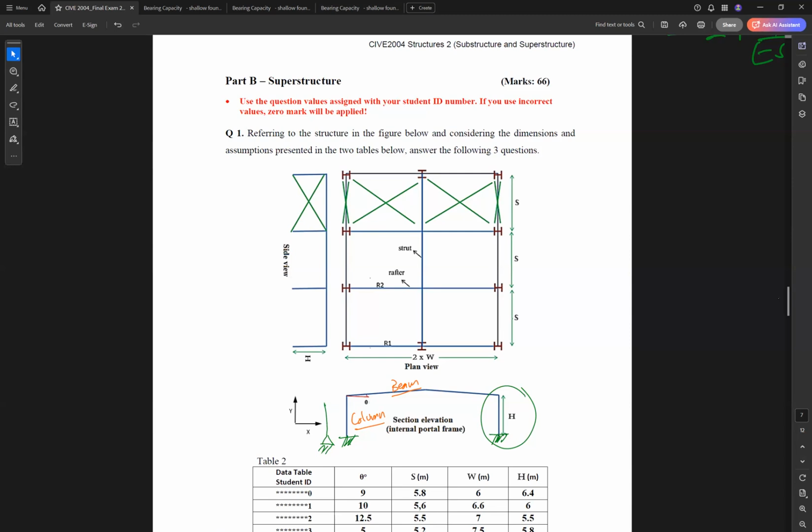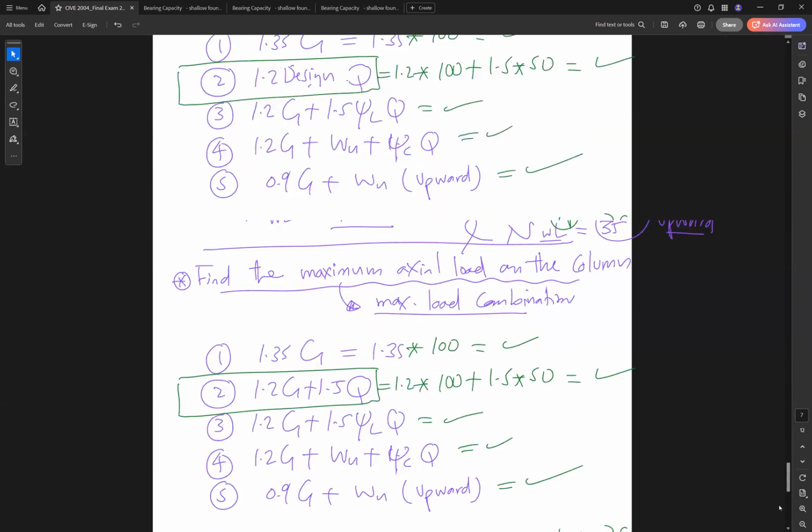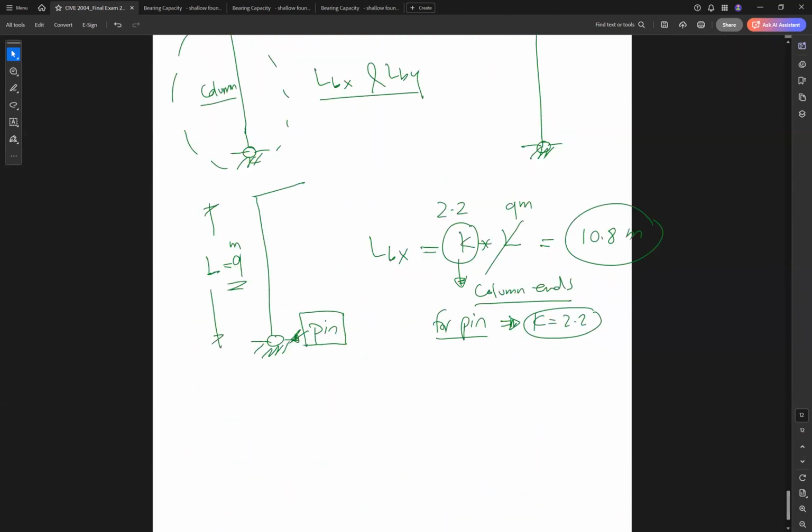But for this test, because it was not required, it was not added to the drawing. So now, after we know 2.2 times 9, how much is 2.2 times 9? It is 19.8.